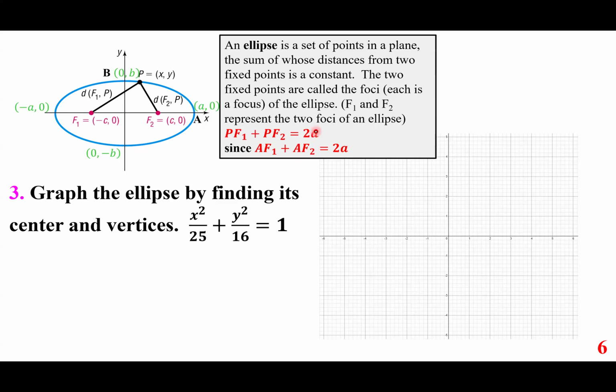Why is that equal to 2a? Bear in mind, this distance is a, everybody. This is A. And if you look at AF1 plus AF2, AF1 is this distance.